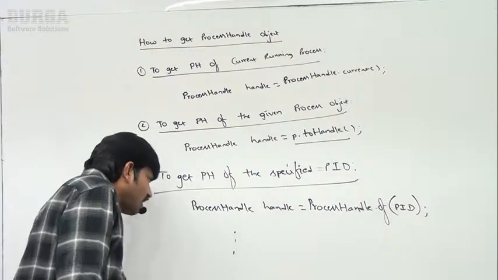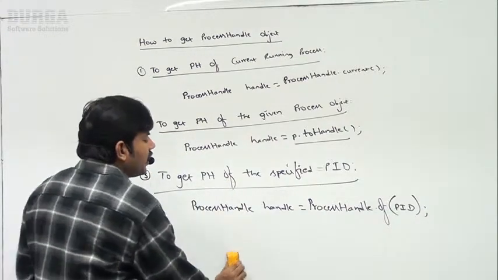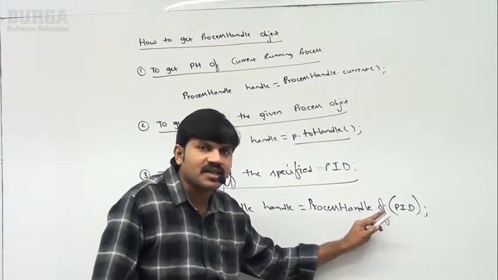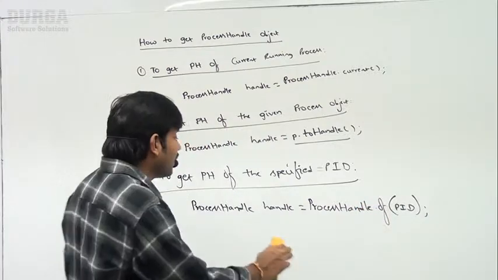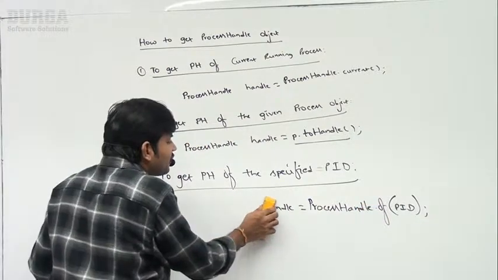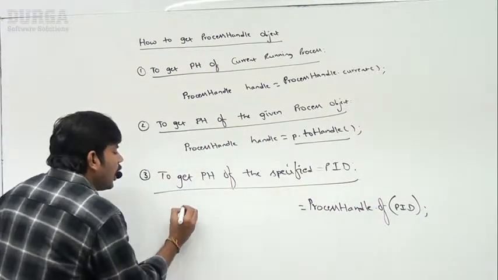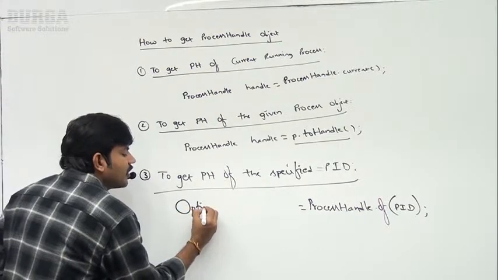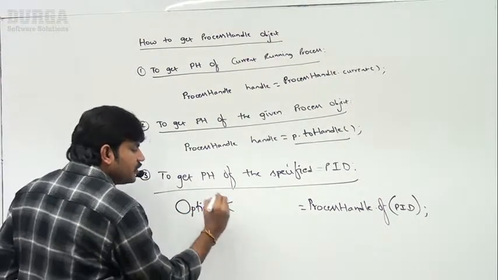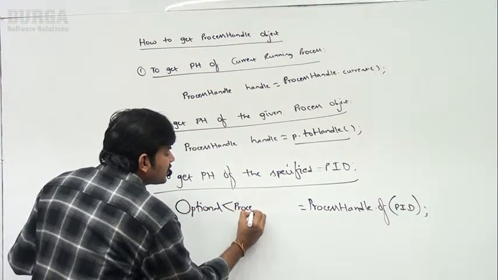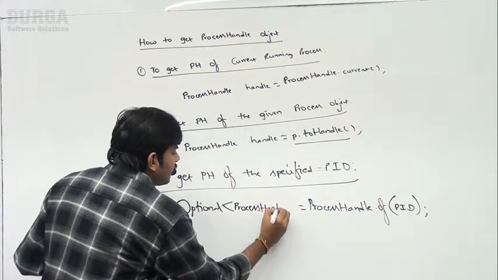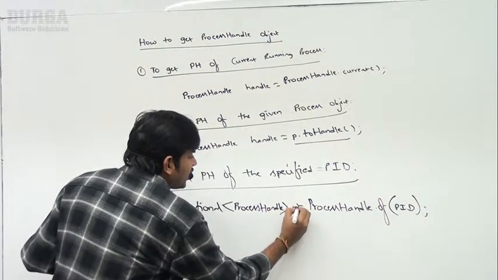But make sure, sir, most of the people are going to fail. The return type of ProcessHandle.of is the ProcessHandle. No, sir, no. We are going to get an Optional object. We are going to get an Optional object of ProcessHandle type.